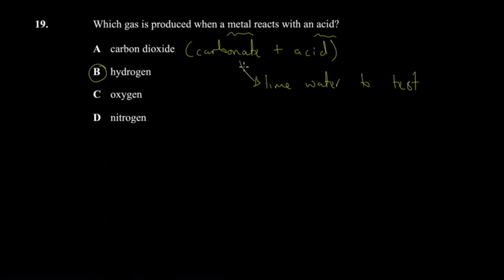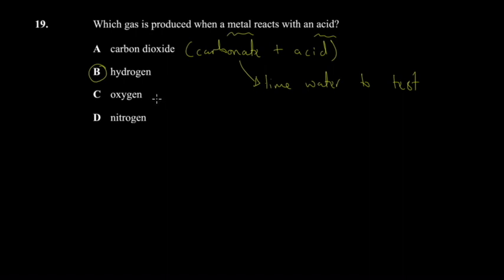But this is used to check if carbon dioxide is present. Whenever you have a carbonate and acid reacting, if you want to check if carbon dioxide is present, use lime water. So the gas that's produced, you put it in lime water to test, and if the lime water turns milky white, then you know that carbon dioxide is present.